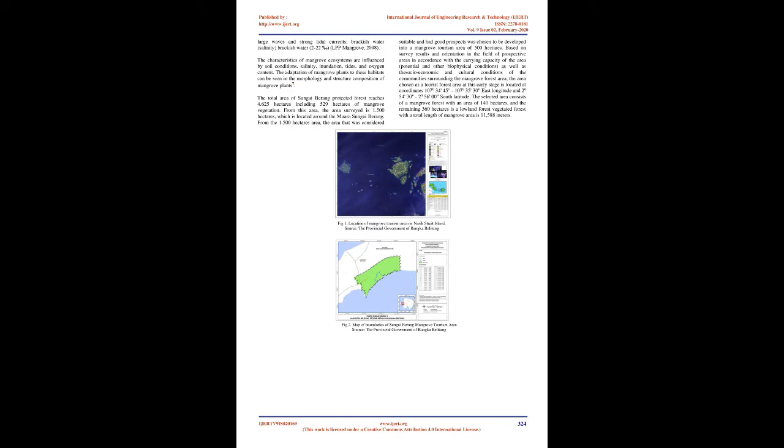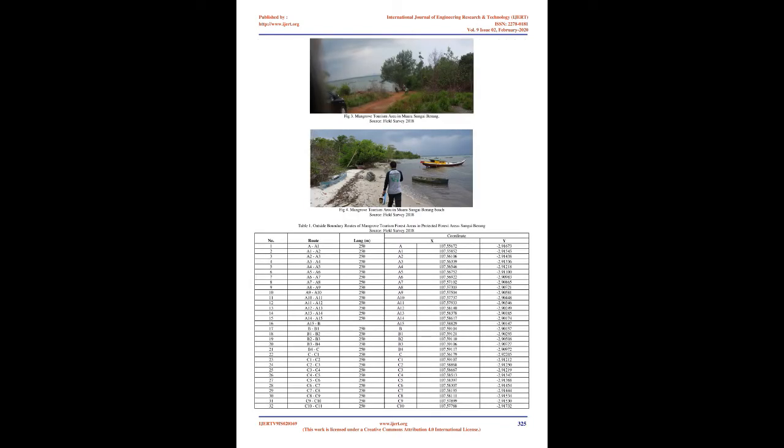Whereas the mangrove forest is a unique habitat and has special characteristics, including: the land is periodically flooded with seawater, either every day or only flooded at high tide; the place receives an adequate supply of fresh water from land; the area is protected from large waves and strong tidal currents; and brackish water, with salinity of 2 to 22 per thousand (LPP Mangrove, 2008).